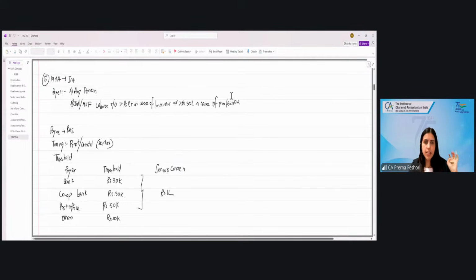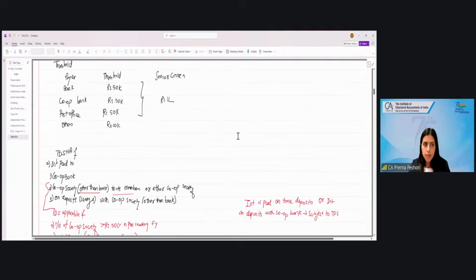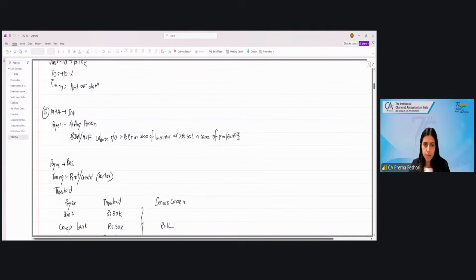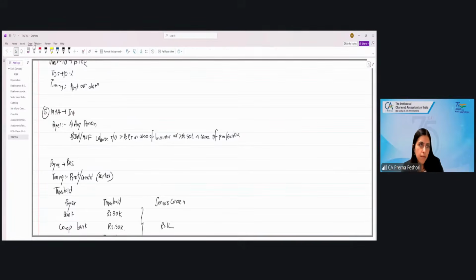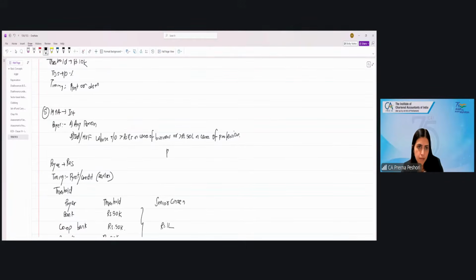What is the rate of TDS? 10%. What is the threshold? It is 50,000 for those who are not senior citizens and 1 lakh for senior citizens.